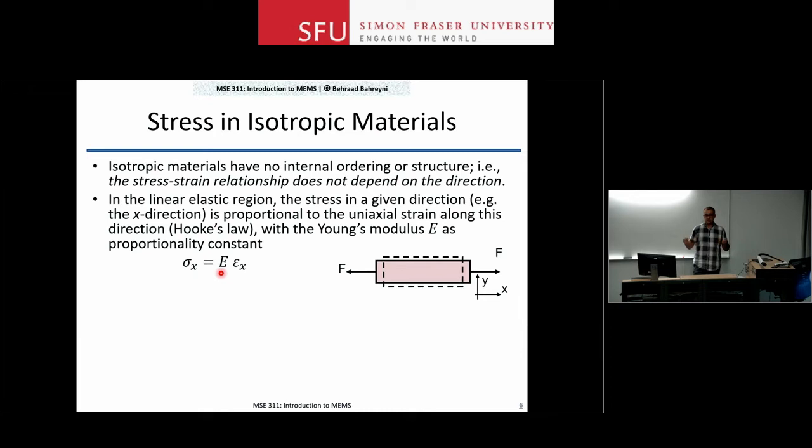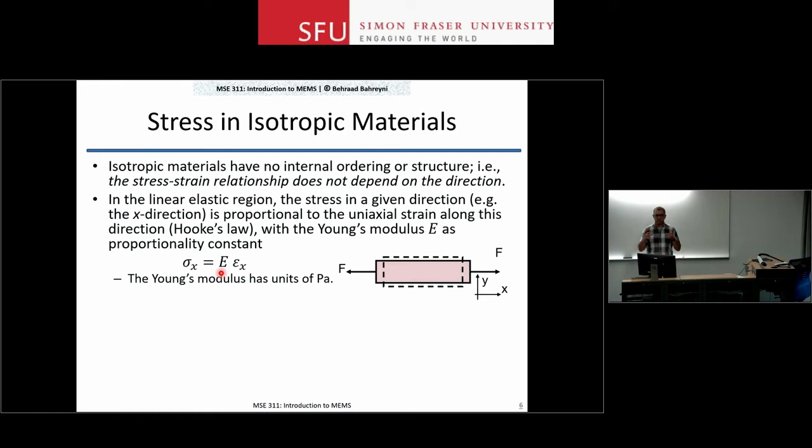Basically, it says the forces and displacements or deformations are proportional to each other. The unit for E is pascals. Remember, strain is normalized displacement, so it is unitless, and stress is newtons per unit area, so the unit for Young's modulus is pascals.